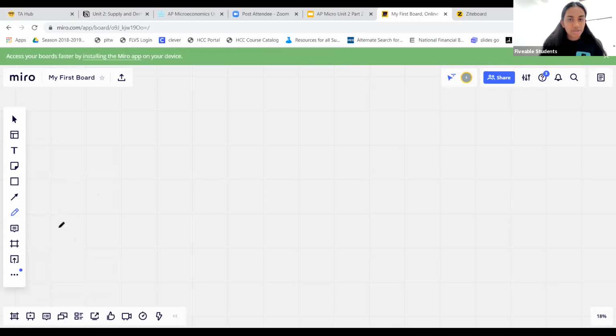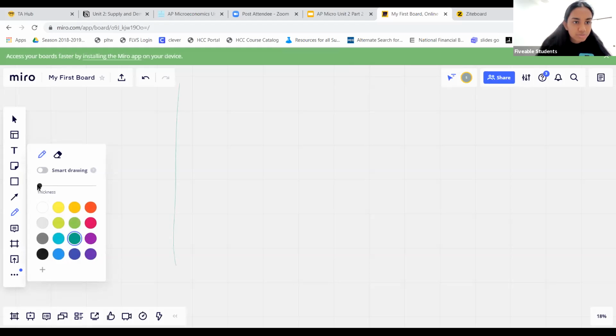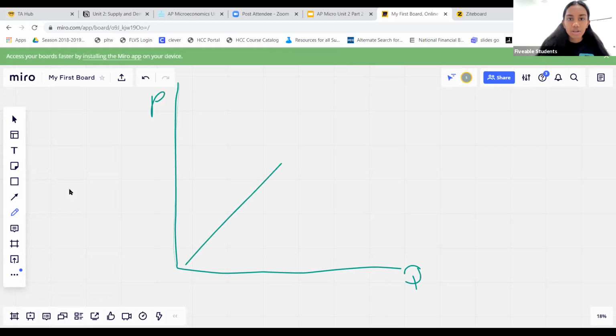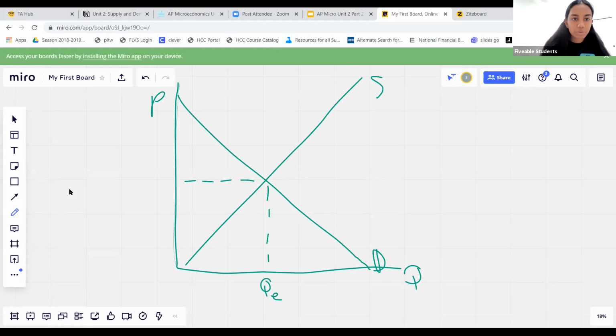Okay, right now we have a graph that looks like this. This is our equilibrium quantity and our equilibrium price.